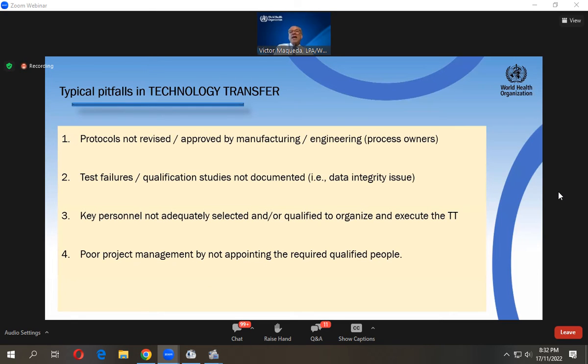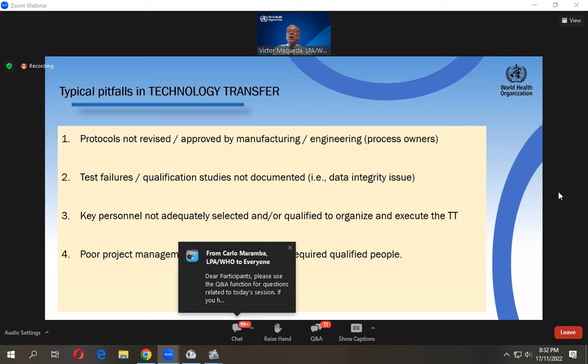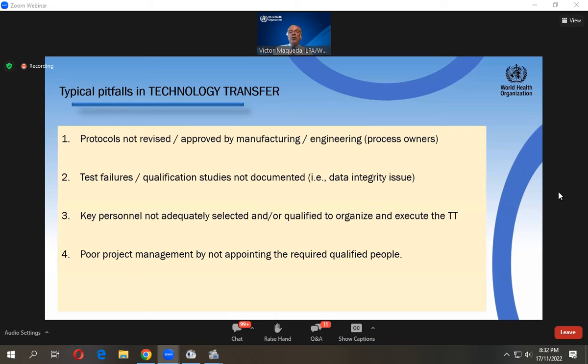So this would be like the worst case in a way, right? Because the company has a lot of things to do and to develop the quality management system, to pick up the people and everything, and that is a huge impact into the tech transfer. If you don't understand that, your tech transfer will start in the wrong path, and you will underestimate this, and this would become a problem.